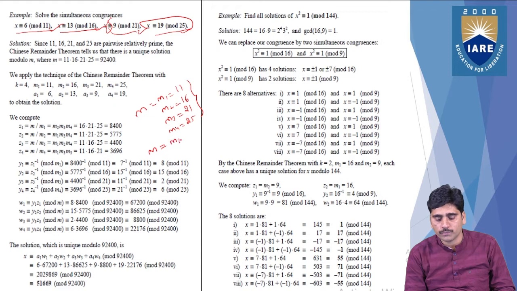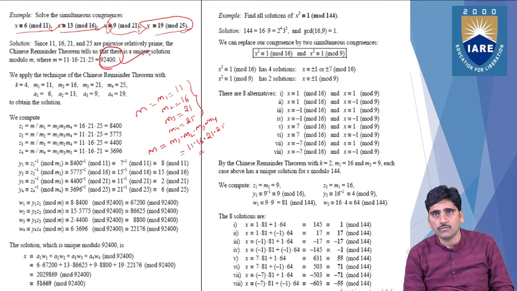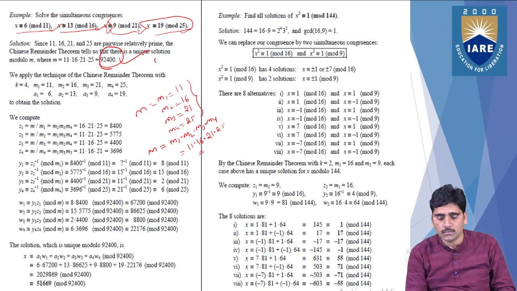M equals M1 dot M2 dot M3 dot M4. A dot indicates the star operator, so you multiply all these moduli. What is the value you'll get? 11 into 16 into 21 into 25 equals 92,400. So that is the M value.